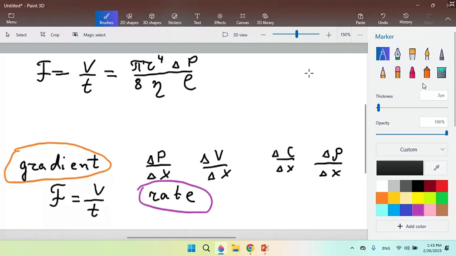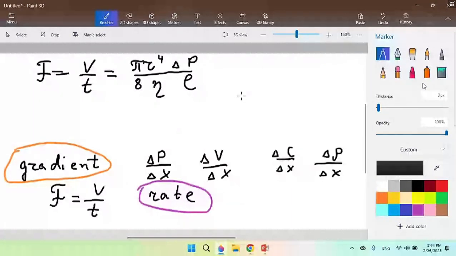Eta is the Greek letter for dynamic viscosity, and L is the length of the tube. So see here, delta P divided by L is the change in pressure per distance, which is pressure gradient. As I've told you, the volume flow rate depends on the pressure gradient.